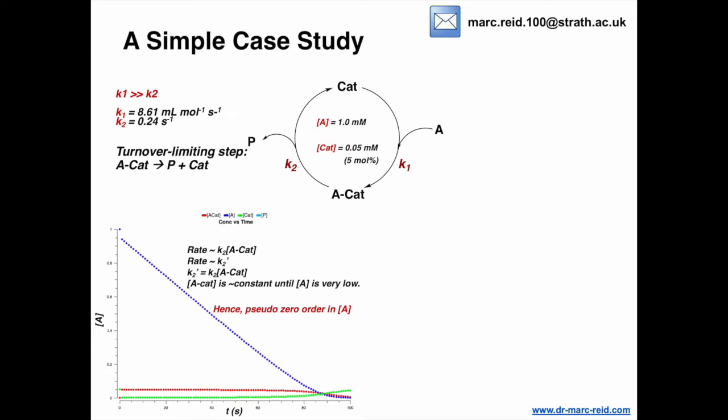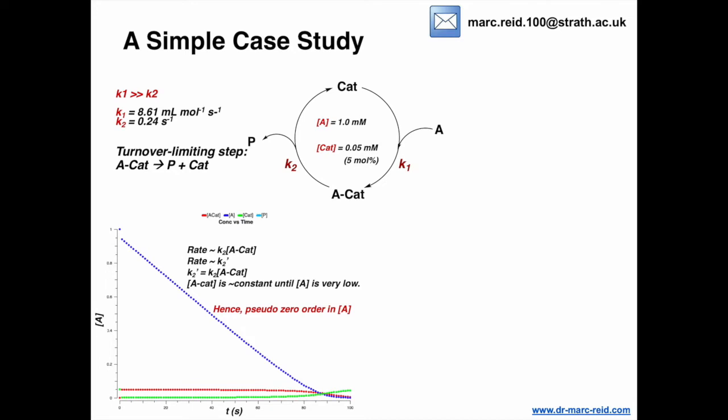Let's look at a case study with the simplest catalytic cycle. Here, we will consider some concentrations of A, B and CAT, as well as some numerical rate constants. This will help us make the link between the concept of the cycle and the data obtained from monitoring the rate.